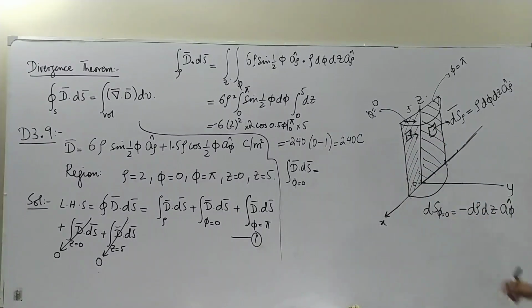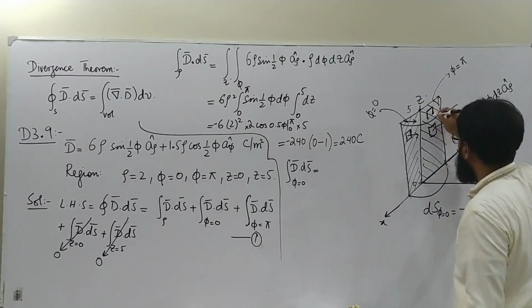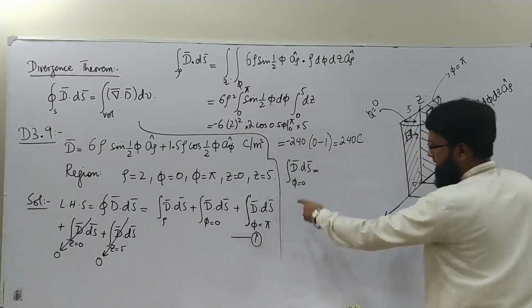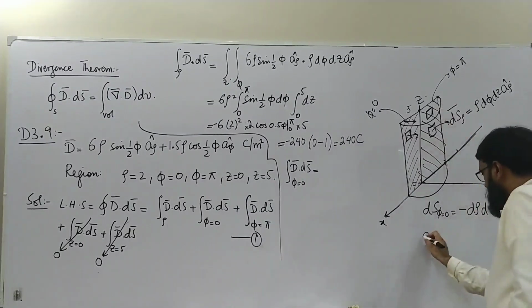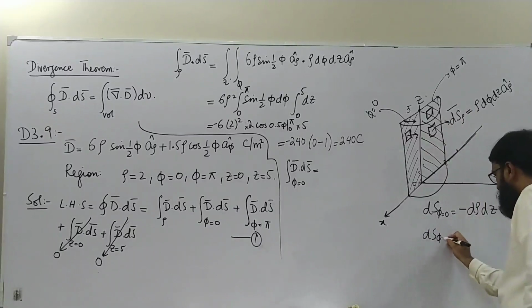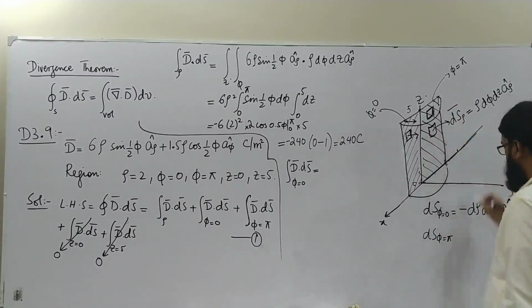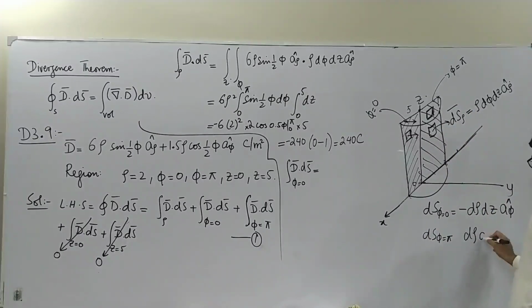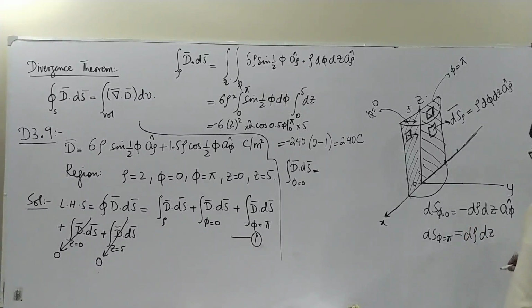As a teaser, for the third integral, meaning this one, ds for phi equals pi, this length is again d rho, this length is dz, so d rho dz. And because for this surface phi is constant, it is a phi.